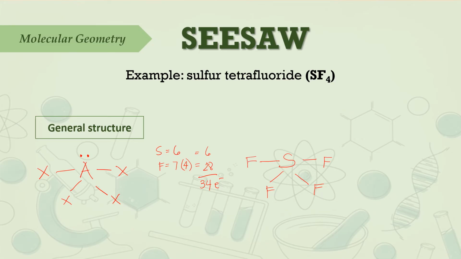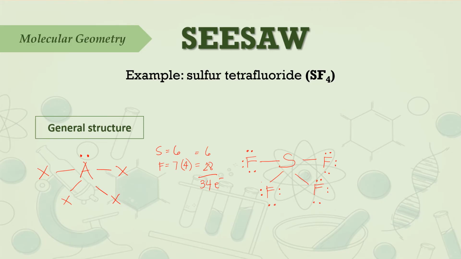Okay, so sulfur could make 6 bonds, while fluorine could make 7 bonds because it belongs to group 7. So let's now complete each with 8 electrons. So we have 2, 4, 6, 8. 8 also for this fluorine, and 8 for this fluorine.